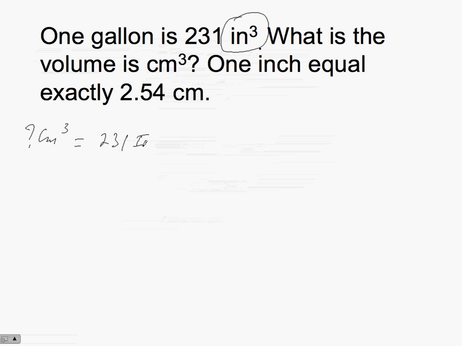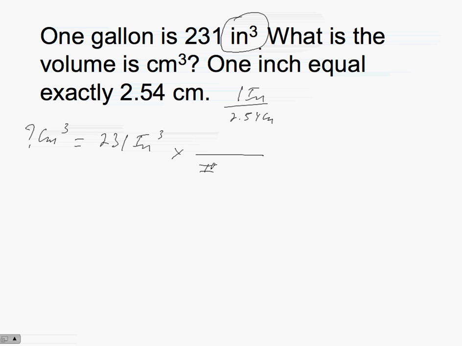So the question asks us how many centimeters cubed is equal to 231 inches cubed. And with our relationship, we're told that 1 inch equals exactly 2.54 centimeters. So I can use that relationship. In this instance, I want inches to be on the bottom.